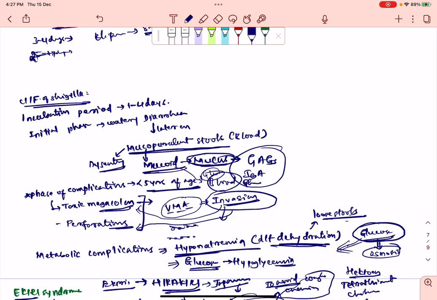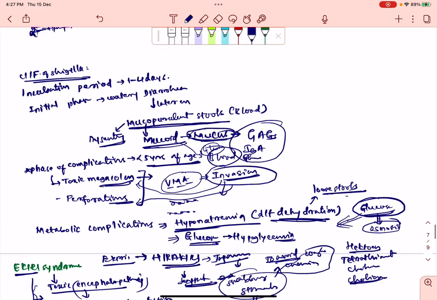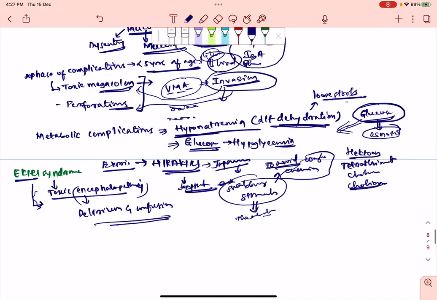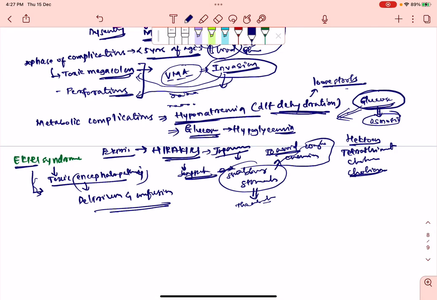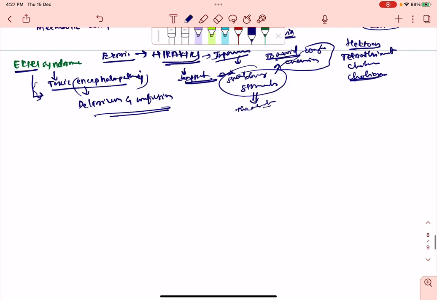Now metabolic complications: there is loss of water, hence dehydration, hence sodium loss, hence glucose loss. And there is Ekiri syndrome, that is toxic encephalopathy, with confusion.